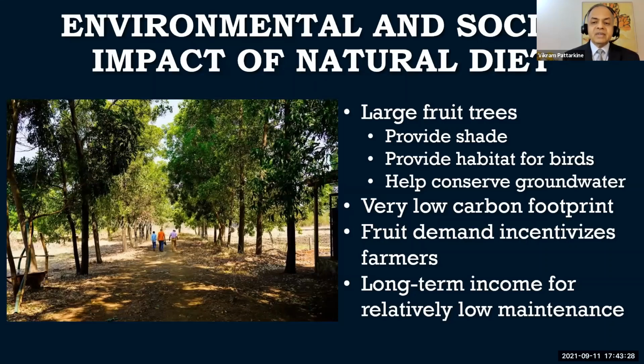Fruit demand incentivizes farmers to plant more fruit trees. Fruit trees are easier to maintain; you don't have to babysit them. So they have the potential to provide long-term income to the farmer for relatively low maintenance. So it's good for the environment, good for our health, and good for the farmer.